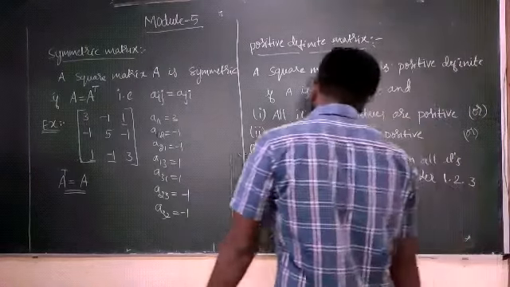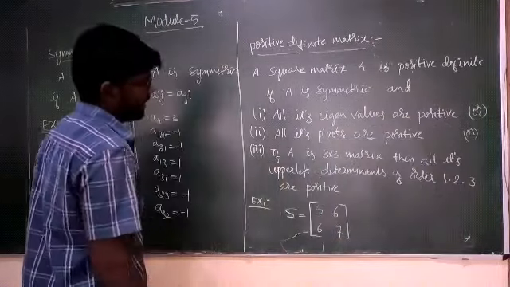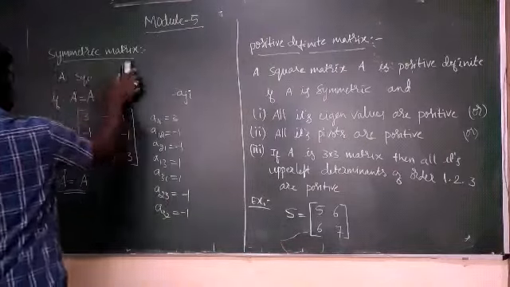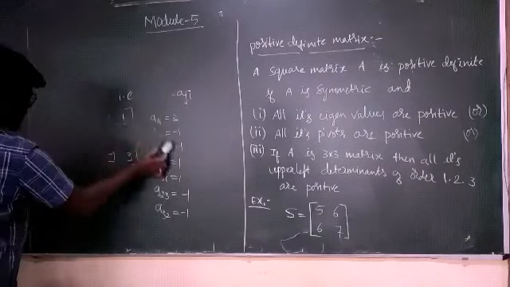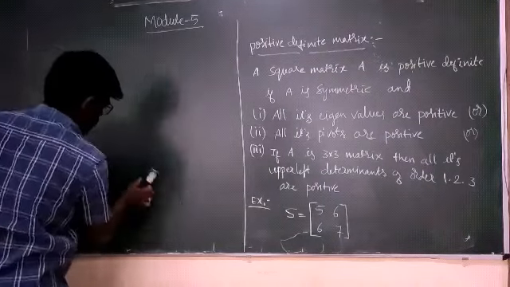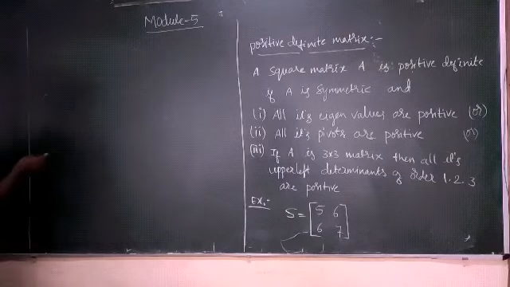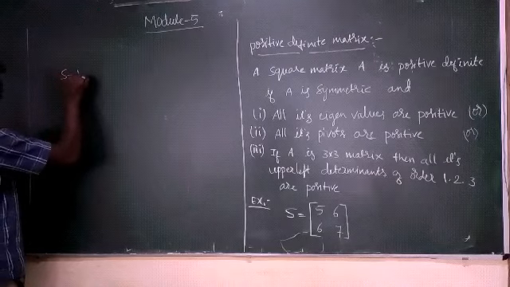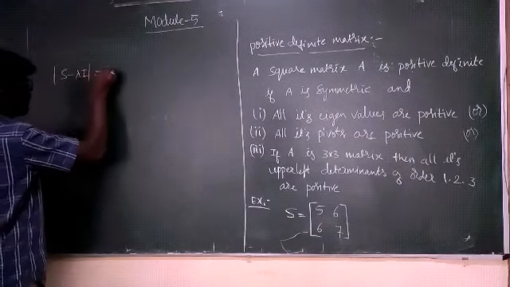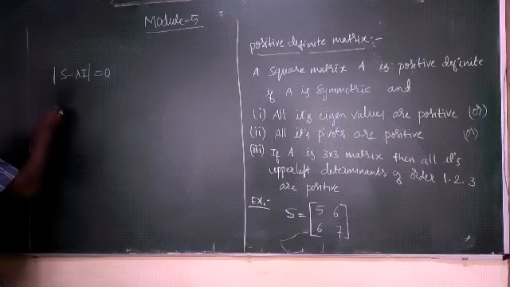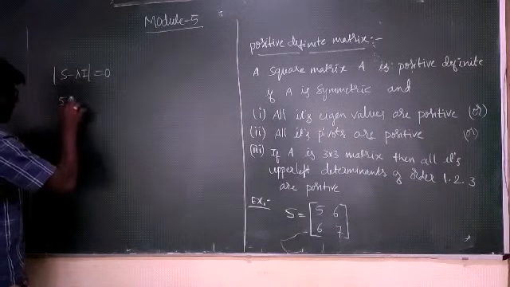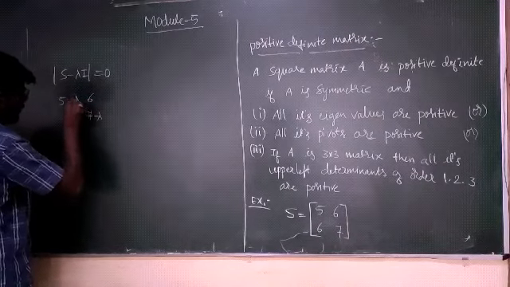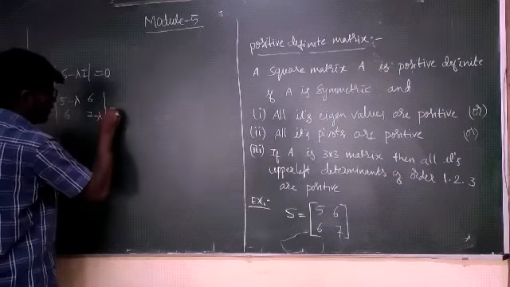Here, first check whether all its eigenvalues are positive. Let us try to find the eigenvalues of the matrix S. Therefore, S minus lambda I equal to 0 is the characteristic equation. Therefore, the determinant of 5 minus lambda, 6, 6, 7 minus lambda is equal to 0.